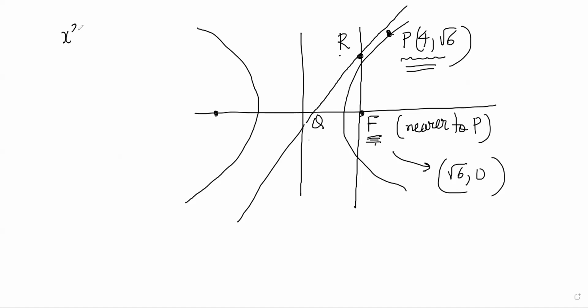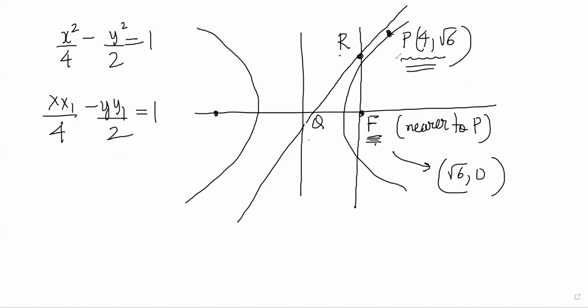So the equation of the hyperbola was x square by 4 minus y square by 2 is equal to 1. The equation of tangent at point x1, y1, which is 4 comma root 6, would be 4x by 4 minus y root 6 by 2 is equal to 1.